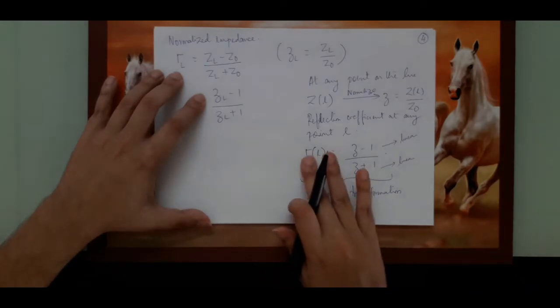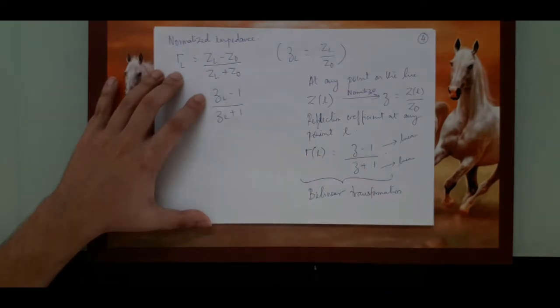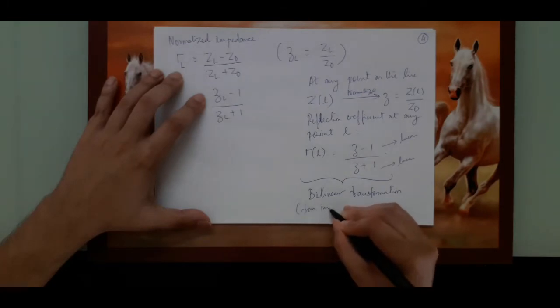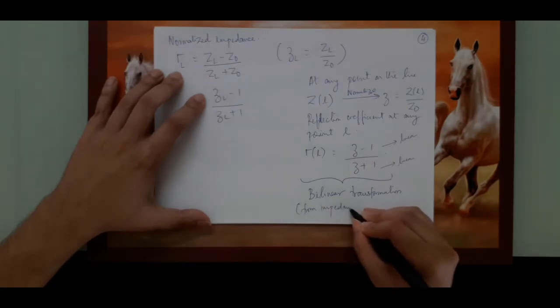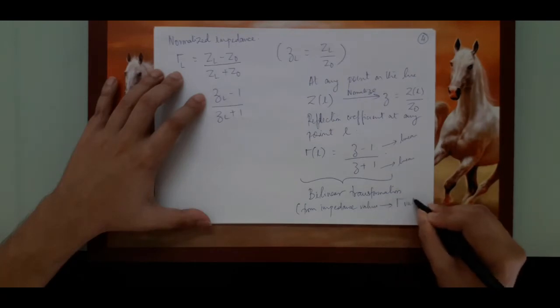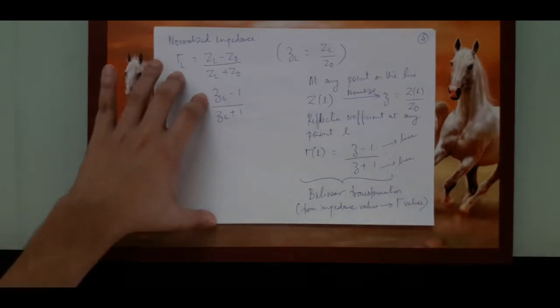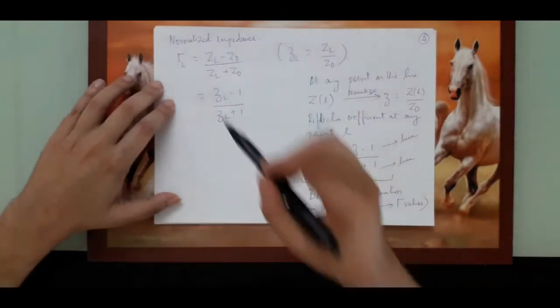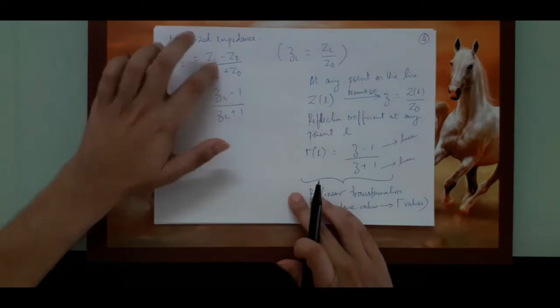Well, it's a function of impedance definitely, but it's not impedance. It's the reflection coefficient. So transformation from impedance values to gamma values, where gamma is the reflection coefficient. You can correlate it with this expression also.